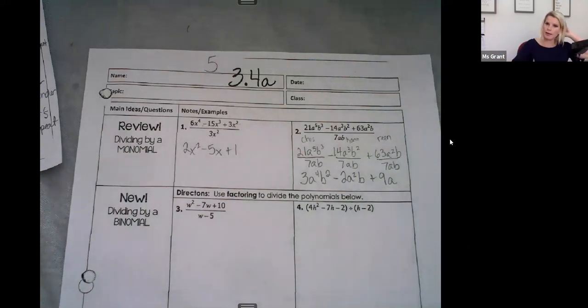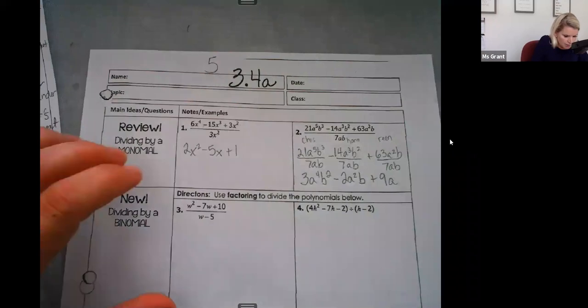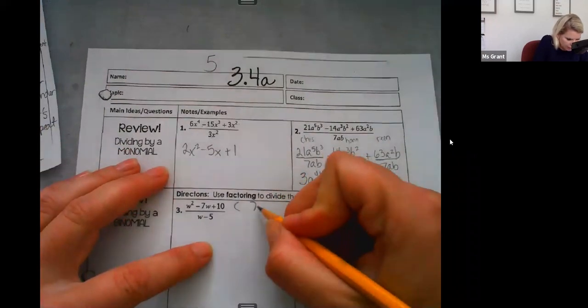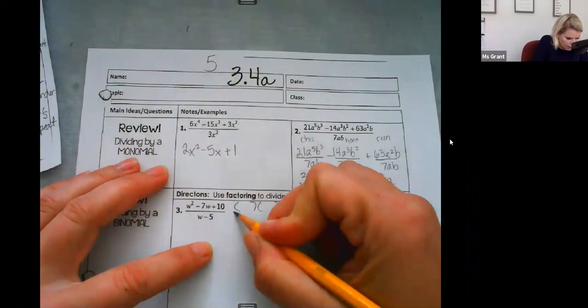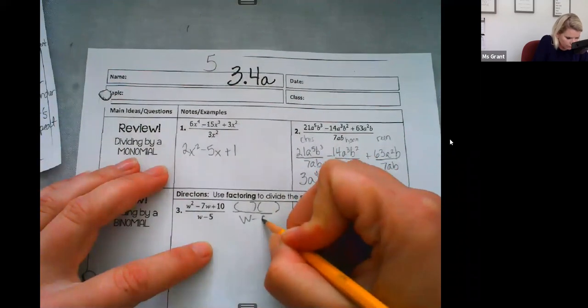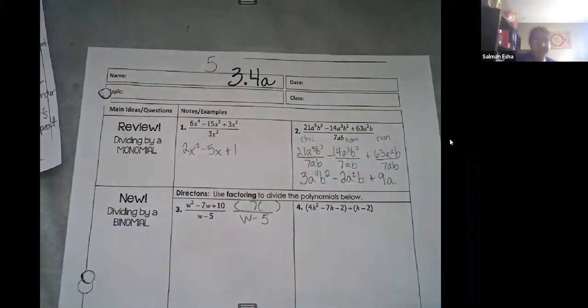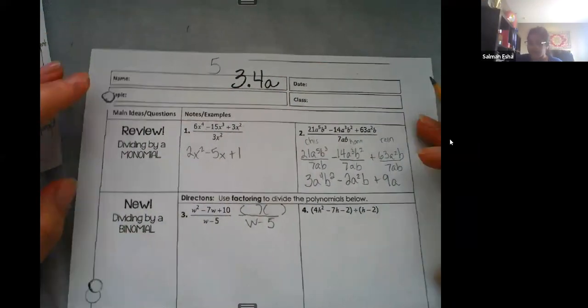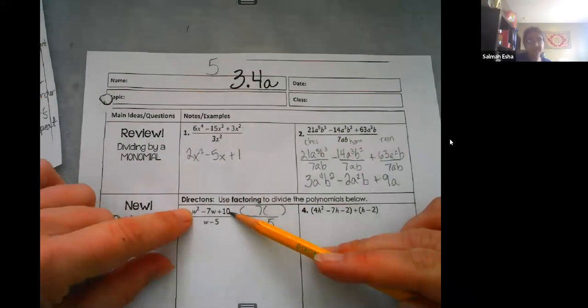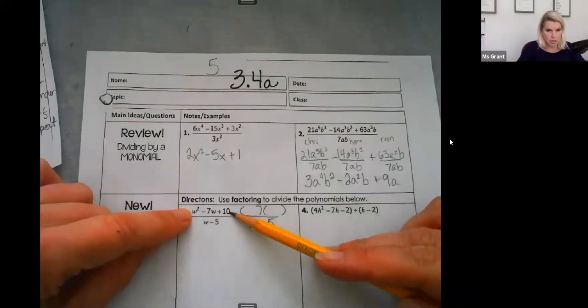Okay, number 3, you actually have to factor the numerator first. Isha, do you want to do number 3? Start with factoring the numerator and then you'll see that something reduces.